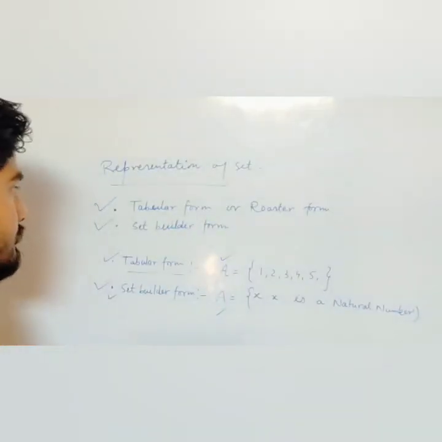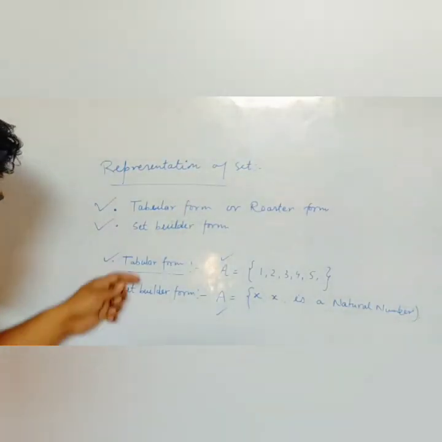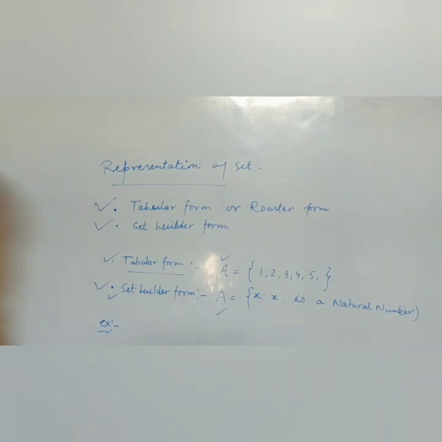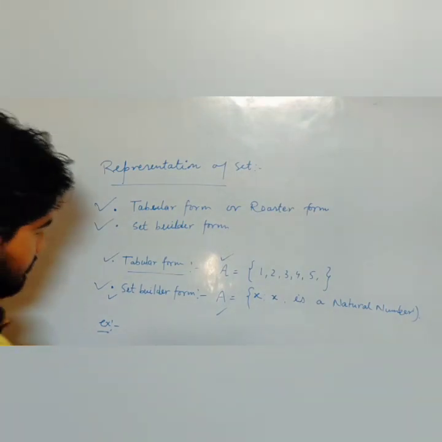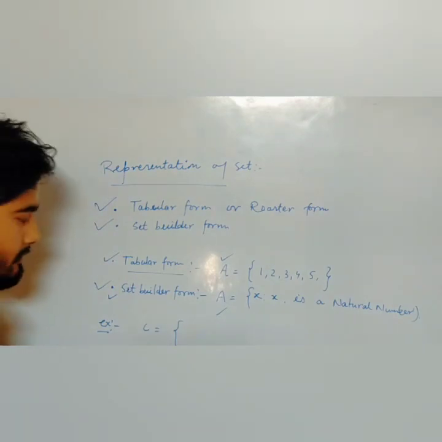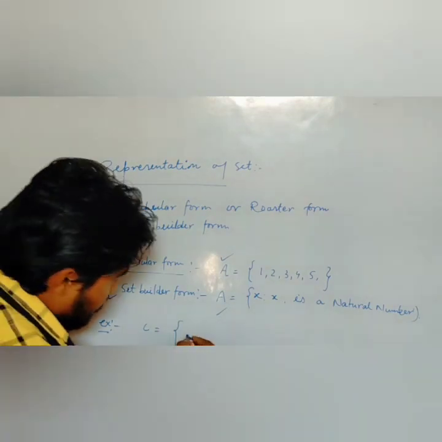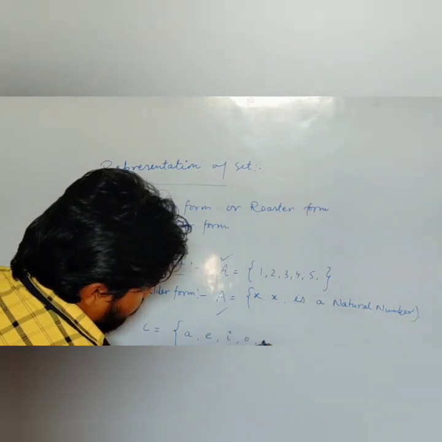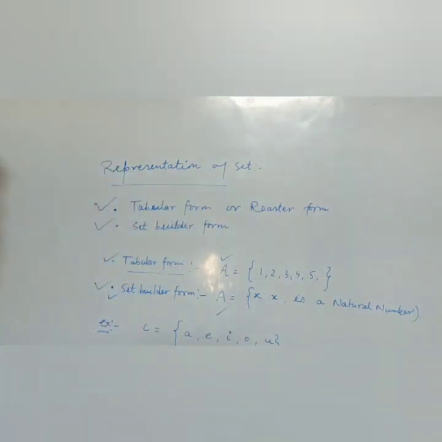Another example. Let C be a set of vowels: a, e, i, o, u. This is written in tabular form, with each element listed one by one.